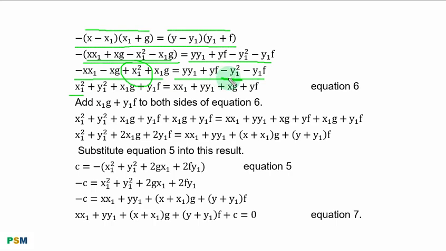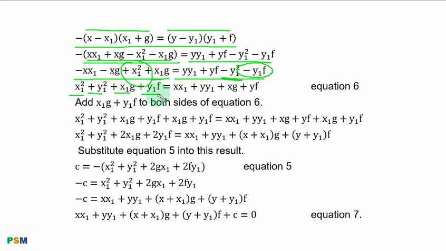When you transfer it, it becomes positive. Next, you take the terms that contain s, g, y, f. One of them is this term, you have plus s1g. The next one is this term. If you transfer it, it becomes positive.